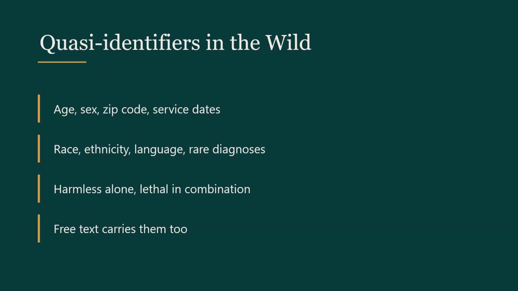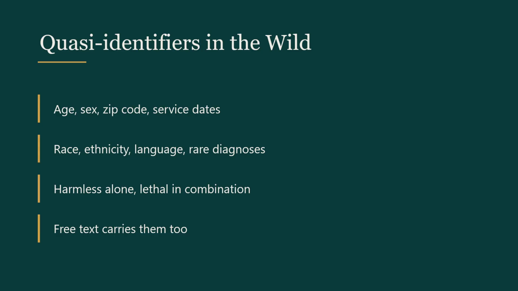Why do a few innocent demographics deserve so much fear? Because of what happens when they combine. In health data, the working list of quasi-identifiers is short, and you should be able to recite it. Age, or better, date of birth. Sex. Geography, meaning zip code or any finer locator.